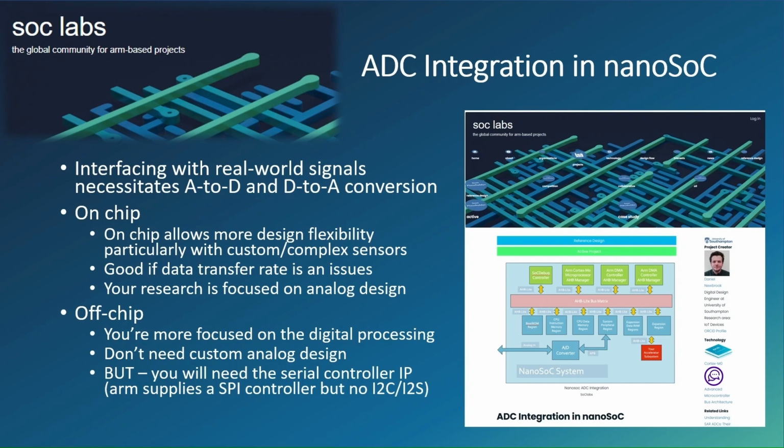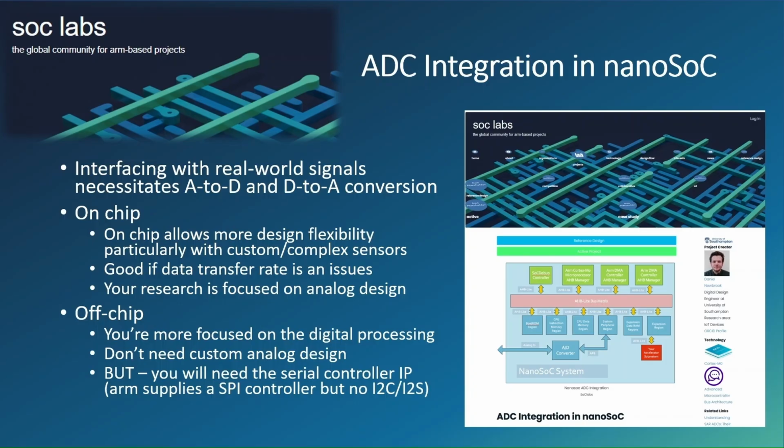Taking an example here, we've got this ADC integration in NanoSoC from this year's competition that's coming towards an end, where we wanted to really focus on real-world signals, real-world test cases. In terms of why you want to do this on chip, it adds more flexibility. You can add in things like signal preconditioning, particularly if your area of interest is analog.